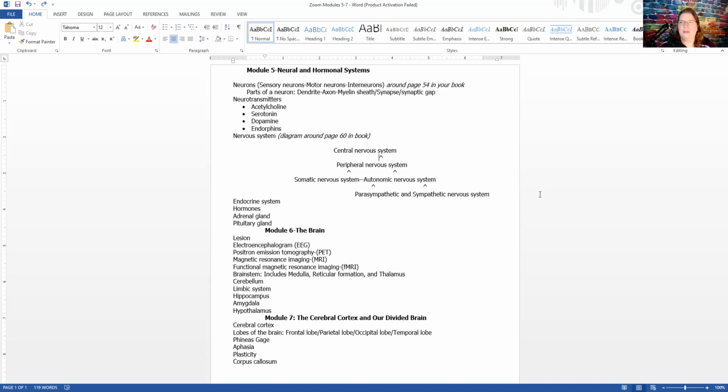Endorphins are a little different from other neurotransmitters. We make them in response to certain things that happen to us, but acetylcholine is a neurotransmitter that helps enable memory and learning, and it can also cause muscular contraction, which again just helps with movement.